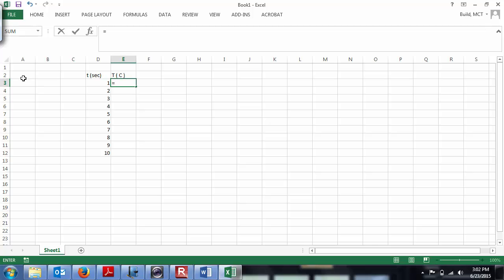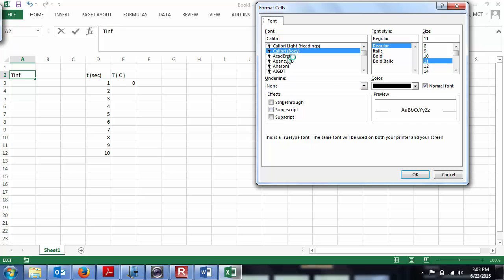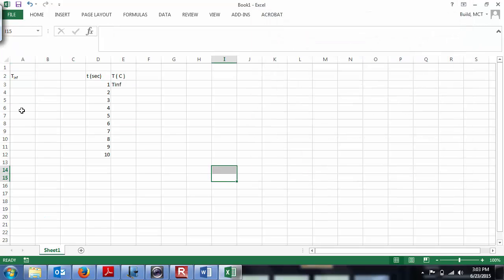And now I'll put over here, I'll put T for temperature, infinity, as a subscript. And I'm just going to throw 110, let's do 110 Celsius up there.